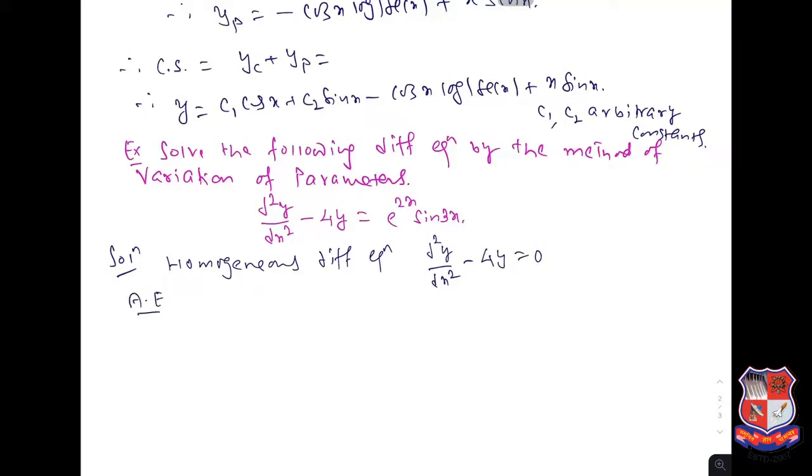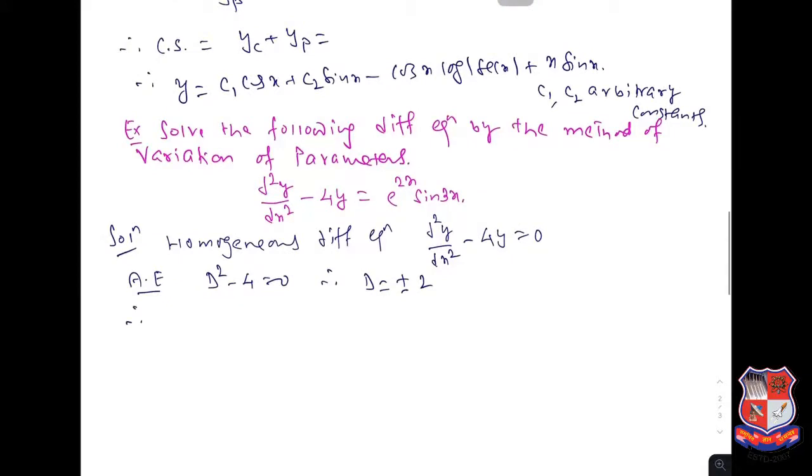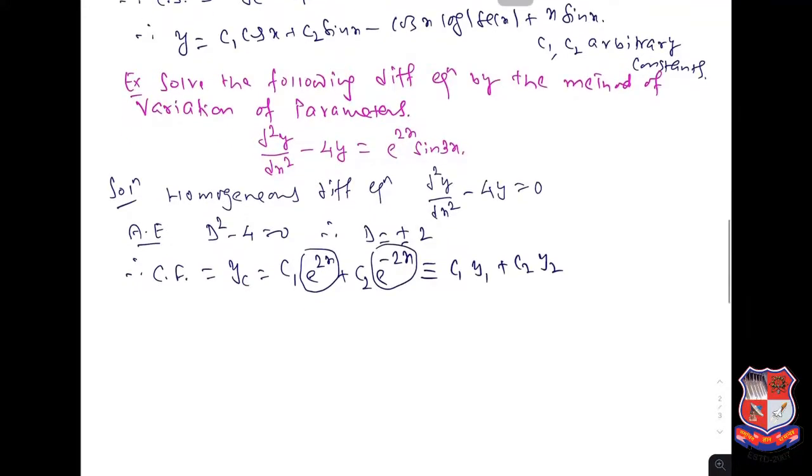So the auxiliary equation is D square minus 4 equal to 0, and therefore D equal to plus minus 2, and therefore the complementary function is c1 e power 2x plus c2 e power minus 2x, and that we can compare with c1 y1 plus c2 y2. So e power 2x is y1, e power minus 2x is y2.